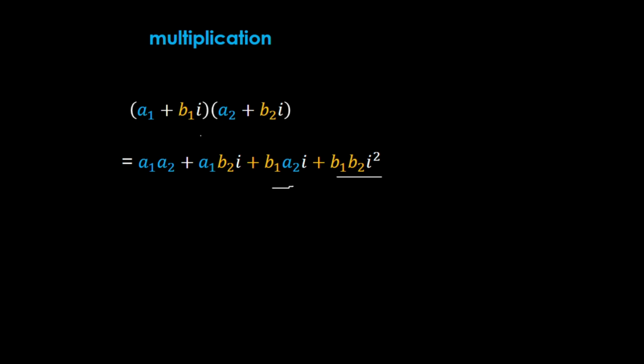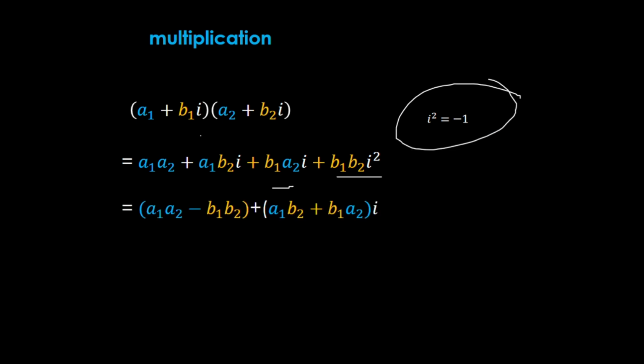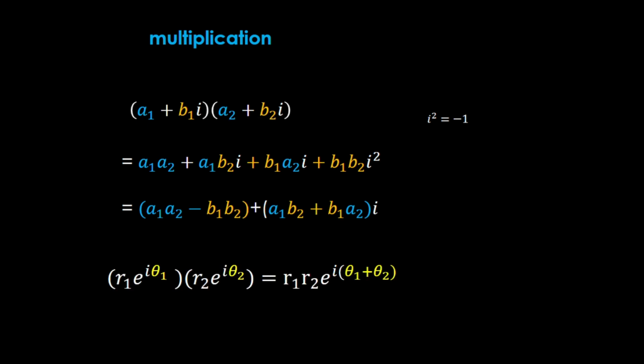And we earlier know that i squared is equal to -1. Hence the minus 1 will link the real part and the imaginary part, because these are the imaginary and these are the real. So you have a1 a2 minus that, and on the other side you have that in terms of i. A very typical way of solving multiplication, because this one is quite big and complicated.